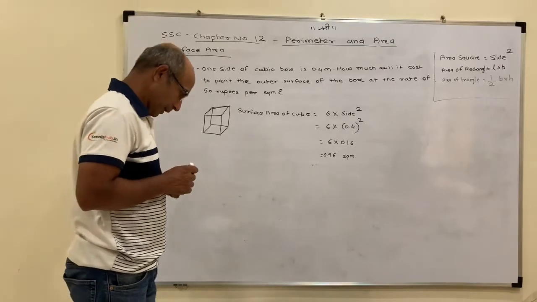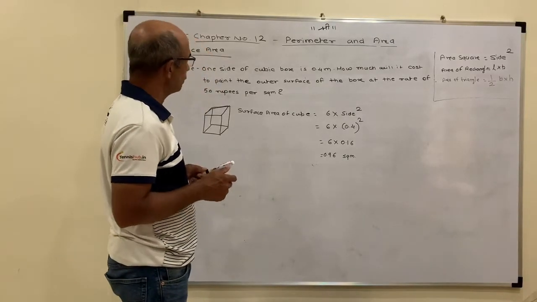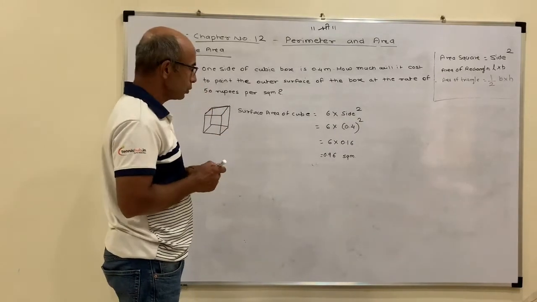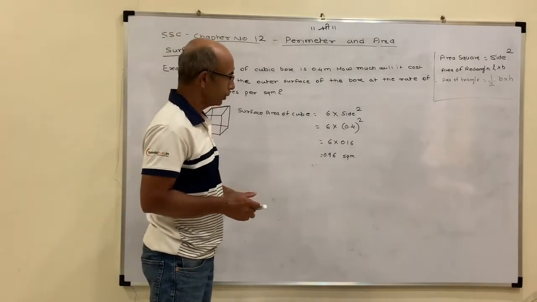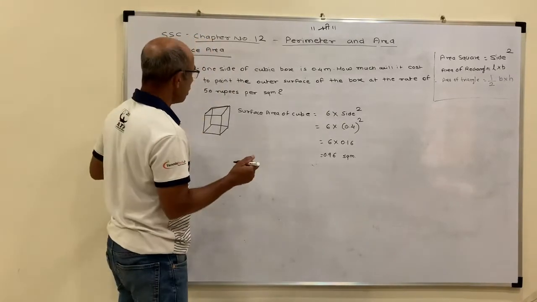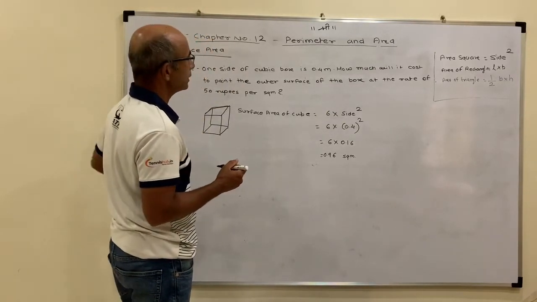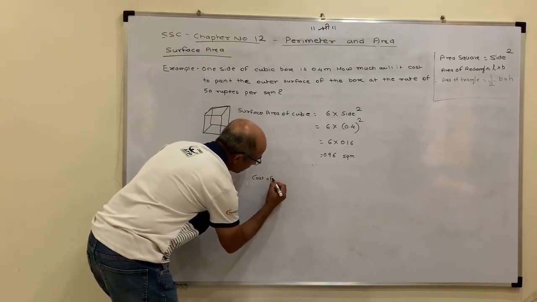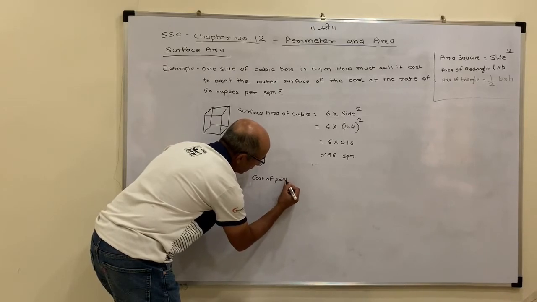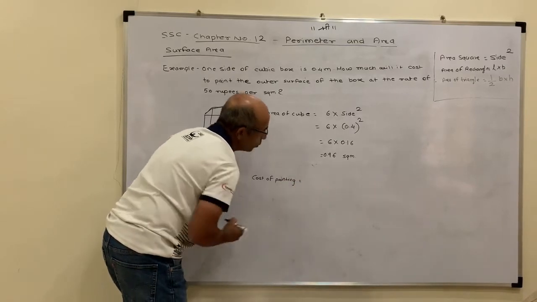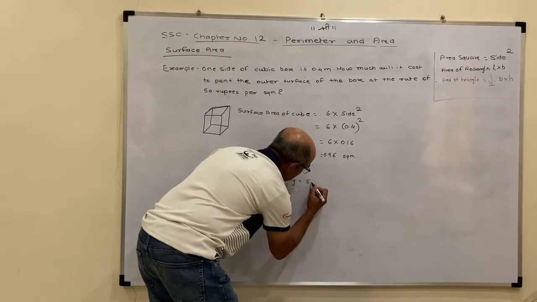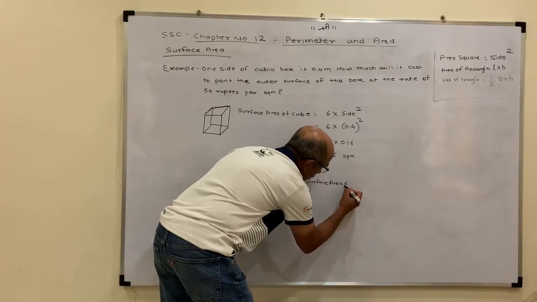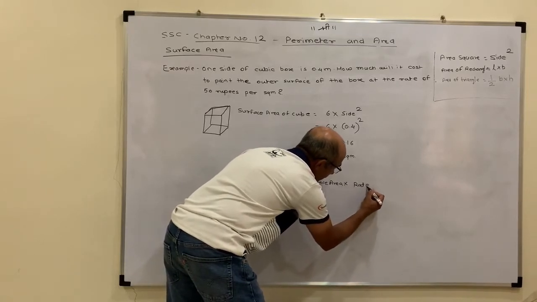Now if we consider what we need to find out, 50 rupees for 1 square meter, we need to find out how much will be for the 0.96 square meters. So cost of painting, they ask how much will it cost? So cost of painting equals surface area into rate of painting.